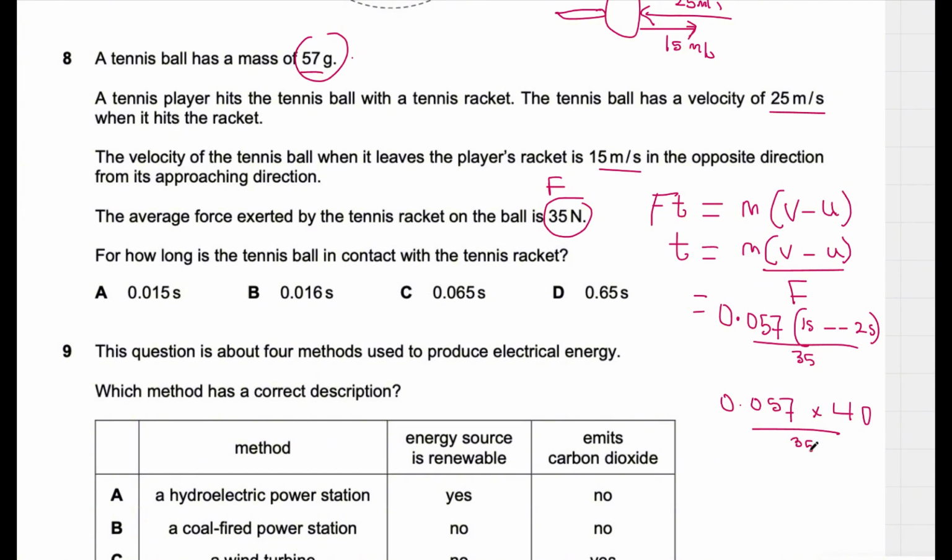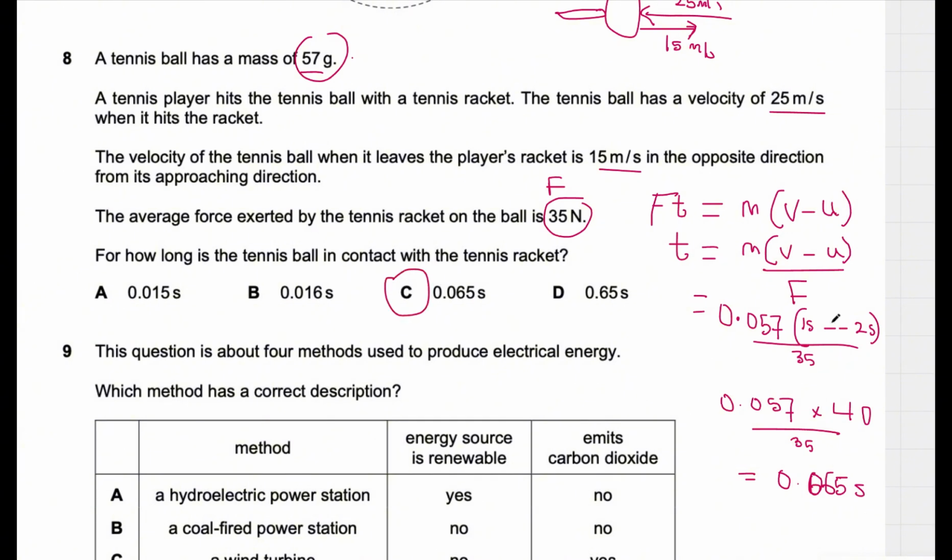This gives us 0.065, which is correct: 0.065 seconds. So our answer is C. The big question is, why do we say minus minus?